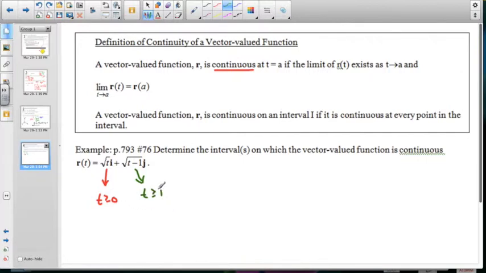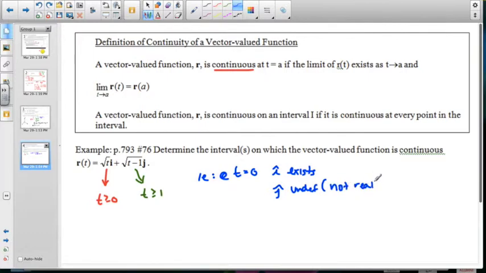And so what we have is kind of a situation where one component might exist where the other component doesn't. So, for instance, at t equals 0, the i component exists, but the j component is undefined, or maybe the better thing is to say it's not real.